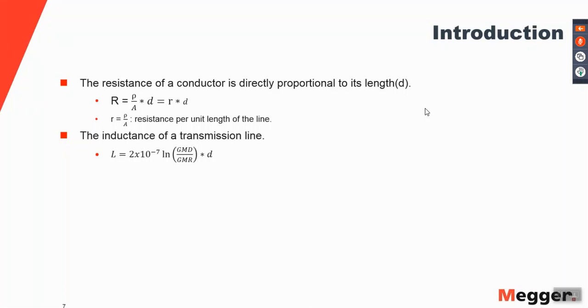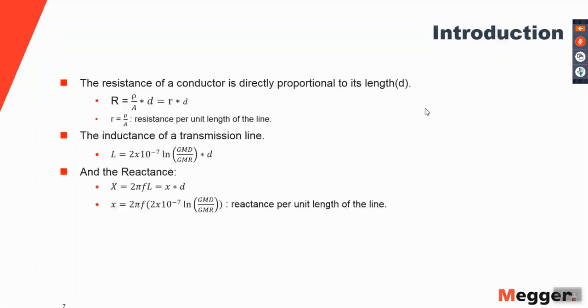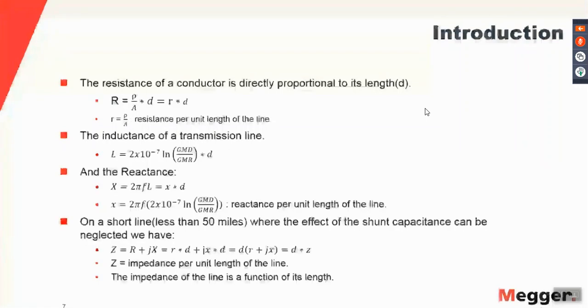And the reason why that is relevant is because the reactance is directly proportional to the inductance, and we can also get an equation where we say that the reactance is the reactance per unit length of the line times the distance or the length of that line.